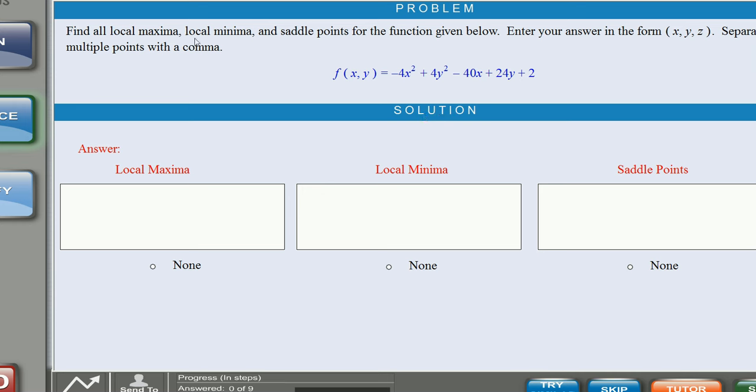Find all local maxes, local mins, and saddle points for the function. Write your answer in the form x, y, z. If you have more than one, you put a comma in between them. So you've got 3 boxes here for each type of extrema or saddle point. If you don't have a particular type of point, you click none beneath it.